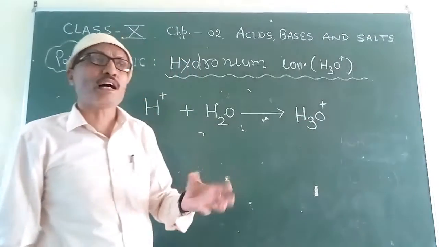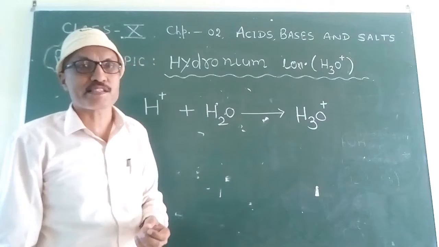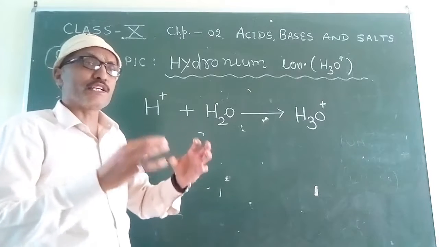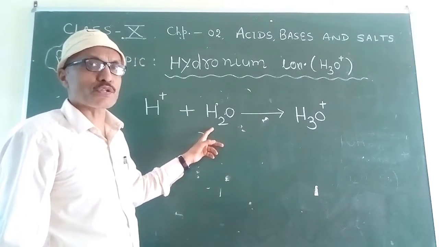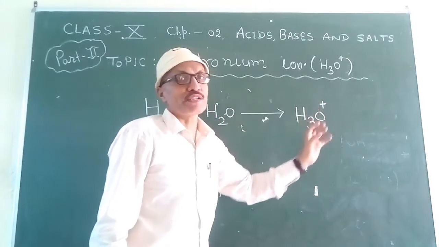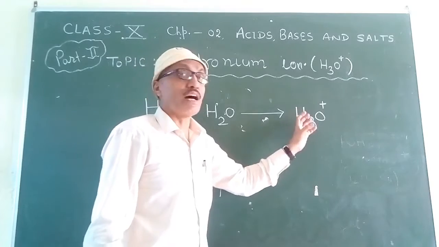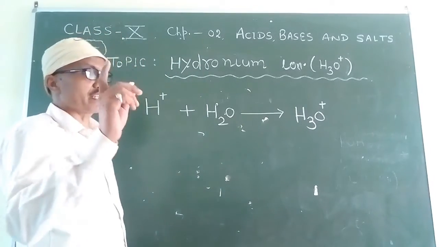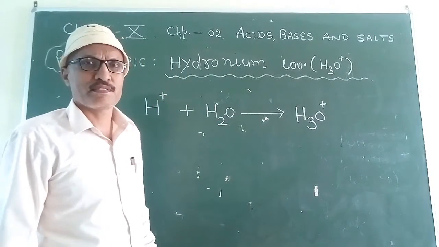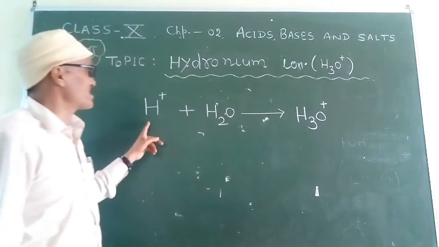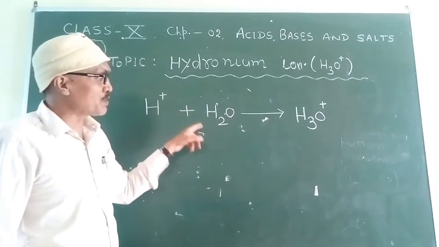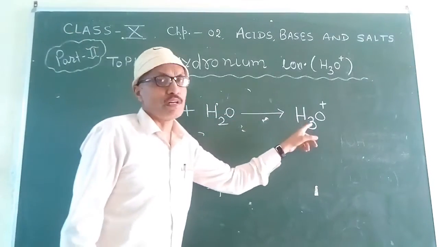But as hydrogen ion does not exist singly, so it comes in association with undissociated water molecules of that solution and associate to form H3O plus ion, which is read as hydronium ion. So students, keep in mind, hydronium ion is a hydrogen ion. As it does not exist singly, so it comes in association with undissociated water molecules and form hydronium ion.